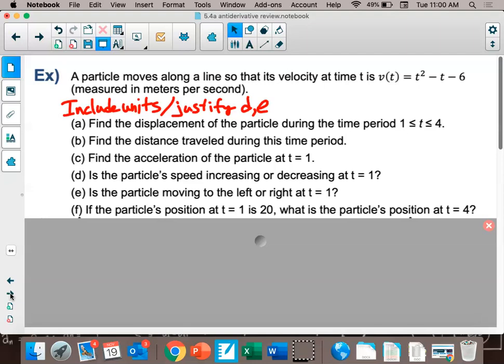So since v of 1 is negative and a of 1 is positive, we would say speed is increasing at t equals 1 because a of 1 and v of 1 have opposite signs. Oh, decreasing. Sorry. Thank you. I was all excited. Decreasing, because they have opposite signs. Opposite signs, decreasing.